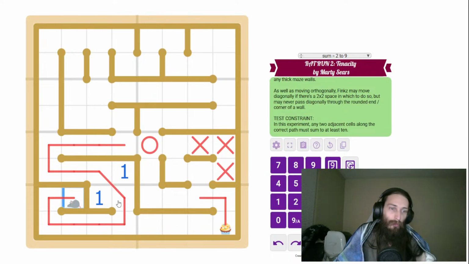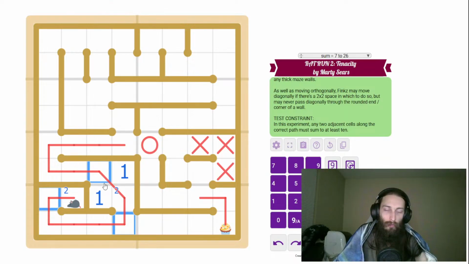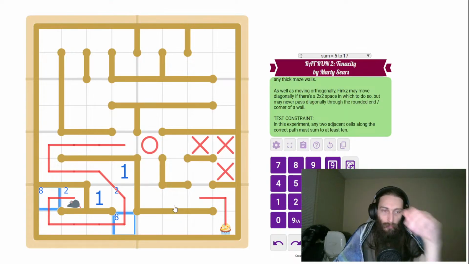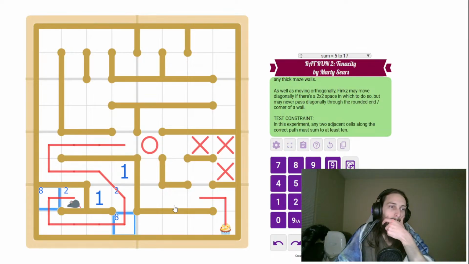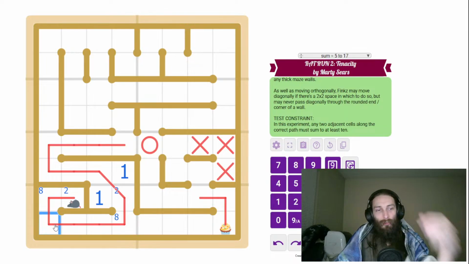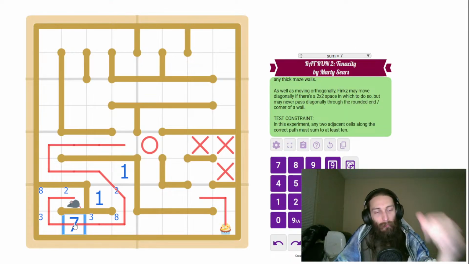Okay, well, 2 has to be one of these two cells, which would make 8 one of these two cells. On the other side of the 8 would have to be a 3, which would then have to be a 7.